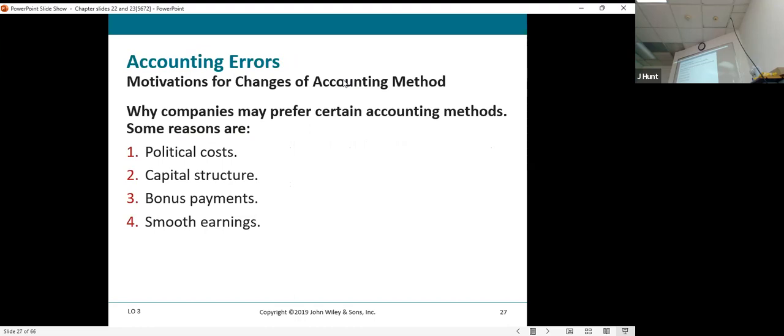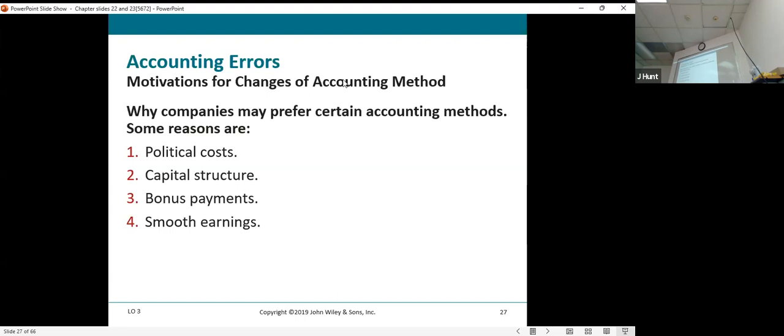So, motivations to change. When people do these things, sometimes it's not for the right reasons. Changing accounting method, maybe because of political costs, capital structure, bonus payments, smoothing earnings. Smoothing earnings is not a good reason. I don't really like that reason. Politics shouldn't be it either. But what I would throw in politics is sometimes you see a tax change coming and you're trying to prep your statements.